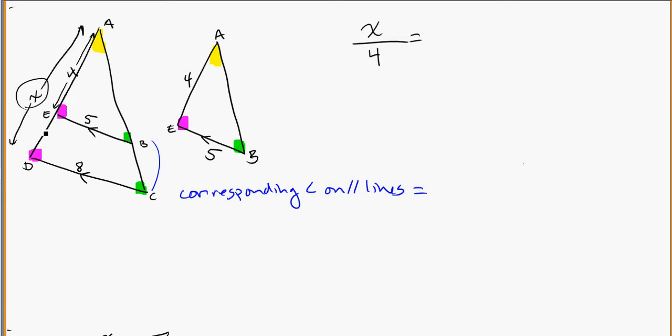So the only other information I've been given are the 5 and the 8. And again, 5 and 8 are going to be similar. And which number do I write on top of the fraction? In this case, I've put x on top, and x is from the big triangle, so I want to keep that on top. So I'll put the 8, which is also from the big triangle, on top, and then I will put 5 on the bottom.